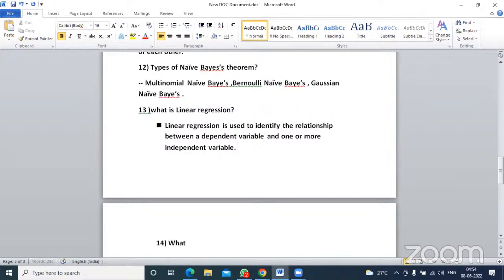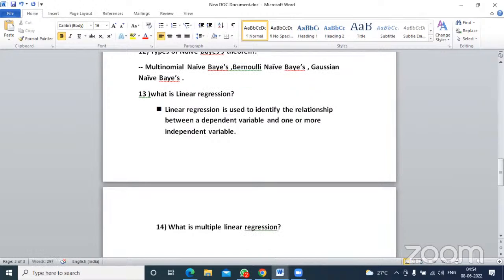Next question: what is simple and multiple linear regression? There are two types we are taking. Simple linear regression we already saw. So what is multiple linear regression?